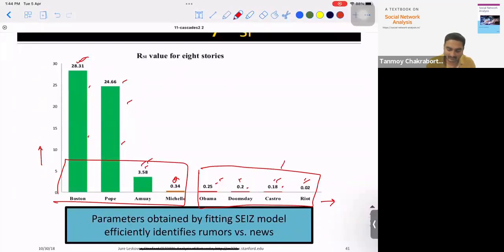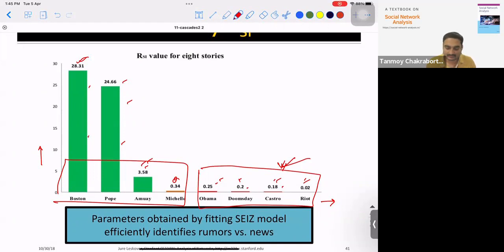Whereas if you look at the fake events, right, the denominator is higher, meaning there are a significant number of users who were also infected compared to the exposed state. And this is the real reason behind the massive spread of rumors, fake news, and so on, right? The tendency of retweeting a rumor or a fake news is higher than the tendency of retweeting a real news.